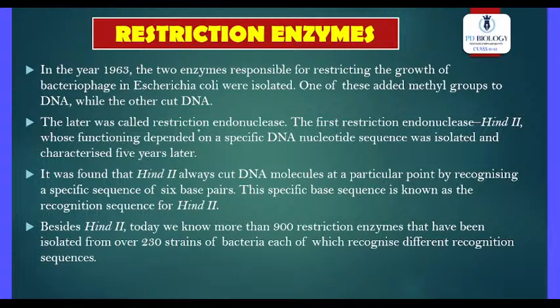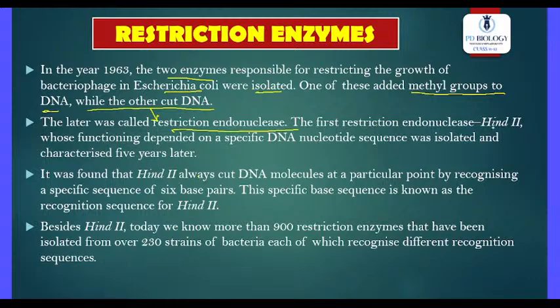In 1963, the two enzymes responsible for restricting the growth of bacteriophage in E. coli were isolated. One of these added methyl groups to DNA, while the other cut DNA. The latter, which cuts the DNA, is called the restriction endonuclease.